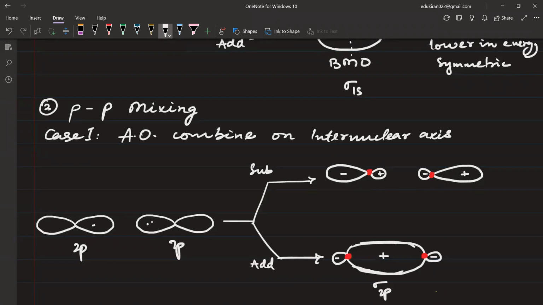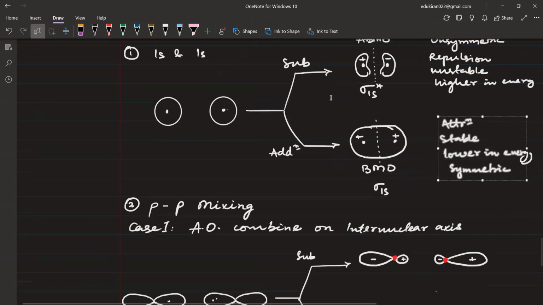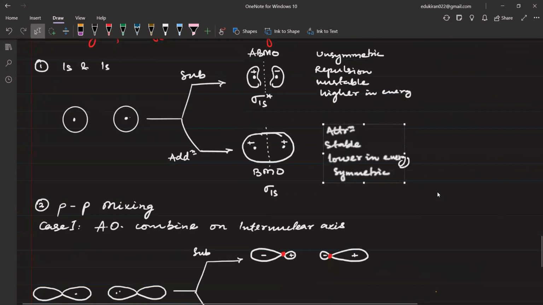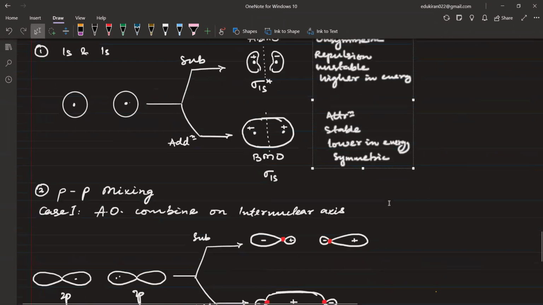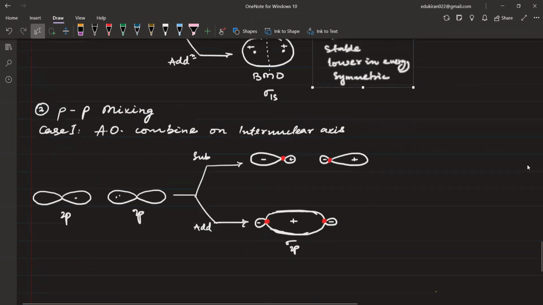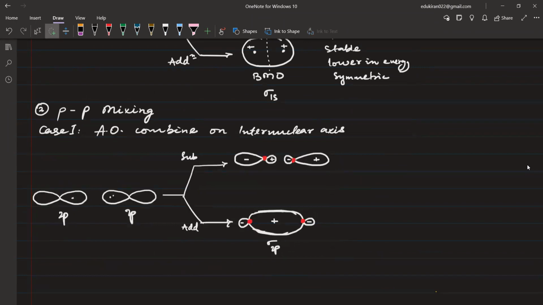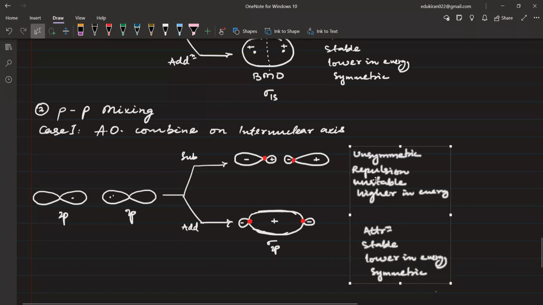Again, all the same things apply here too. Attraction is there, stability is there, and here unsymmetric repulsion, and symmetric, right? You are going to write the same things for this case also. Just a second, let me shift this a bit here and paste everything here.